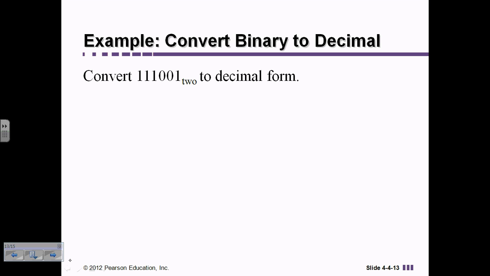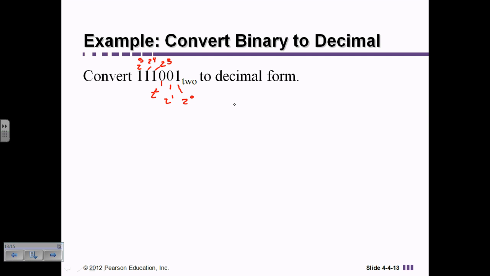So here we want to convert the number 111001, which is base 2 or binary, to decimal. So we can use their system, but I'm really familiar with this one. So we have 2 to the 0 power, 2 to the first power, 2 to the second power, 2 to the third power, 2 to the fourth power, 2 to the fifth power.